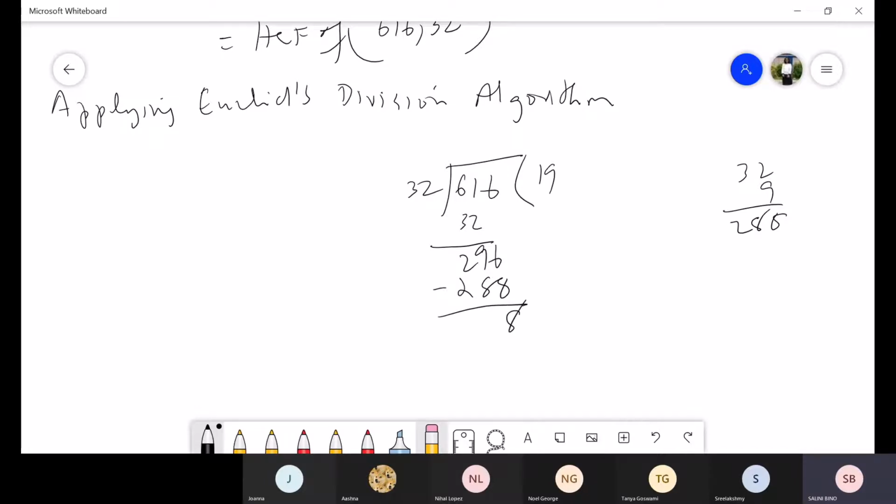Subtract, you will get 8, and then you divide by 8. 8 fours are 32, and then the remainder will be 0. So we are getting the HCF, we'll write here, HCF of 616 and 32 is 8. So we understand that the maximum number of columns will be equal to 8.